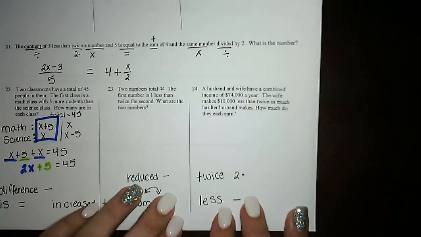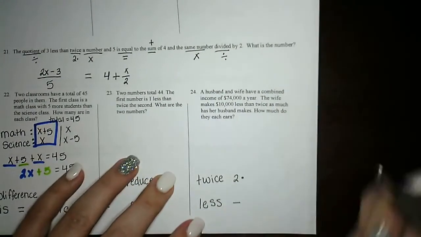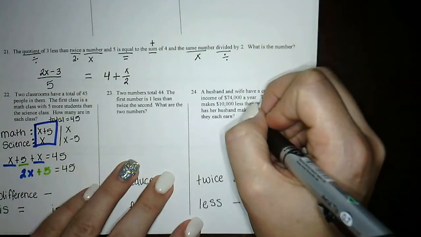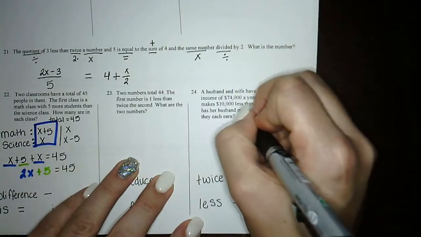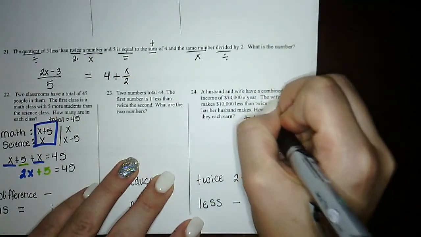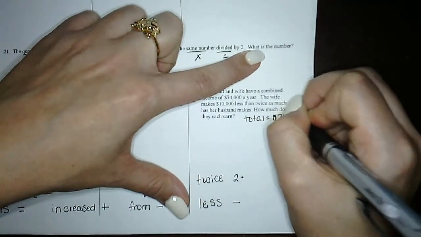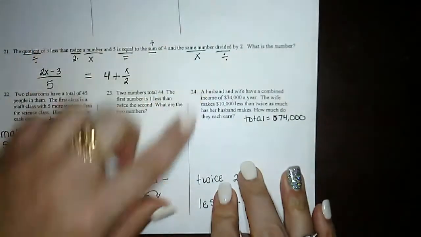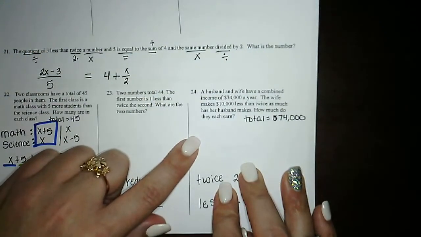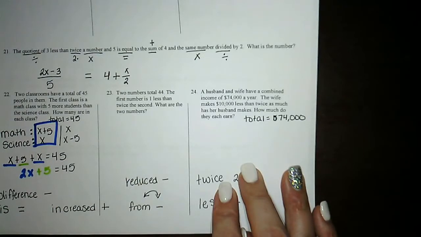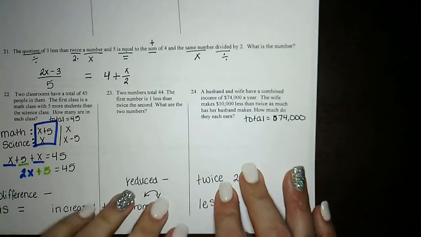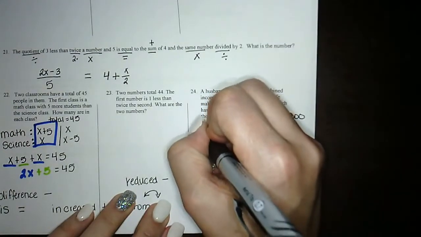A husband and wife have a combined income of $74,000 a year. The wife makes $10,000 less than twice as much as her husband makes. How much do they each earn? So we're comparing the husband and wife.